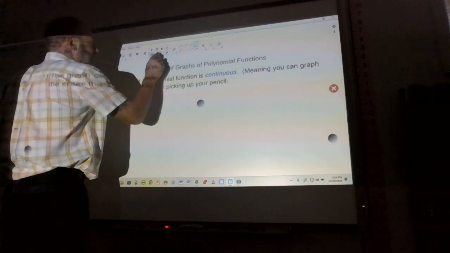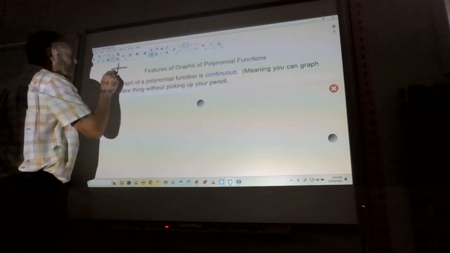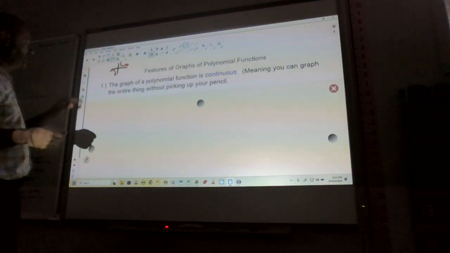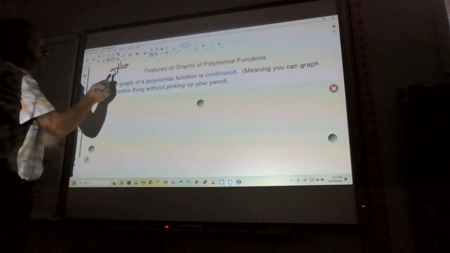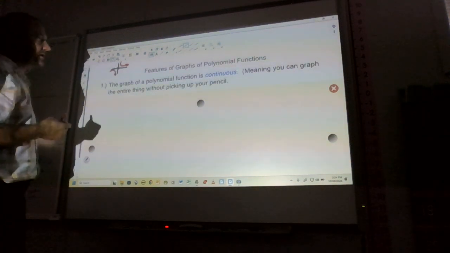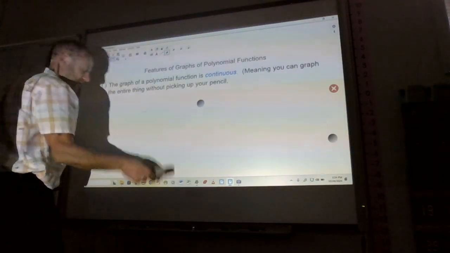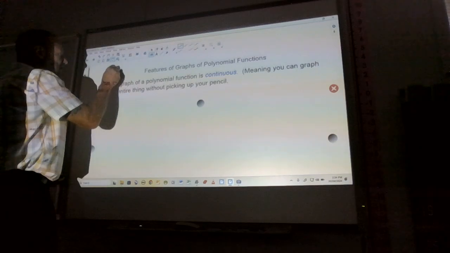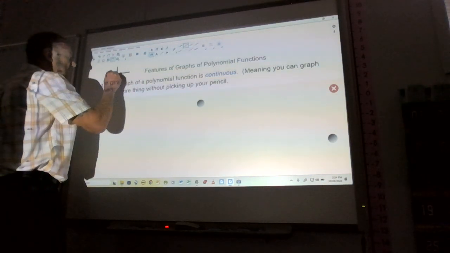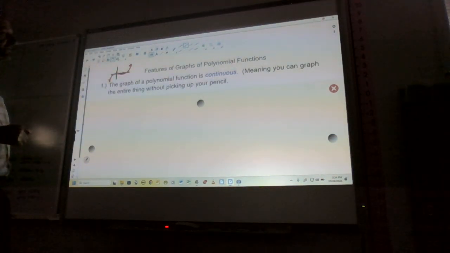If I had a function that looked like this, that would not be continuous because I had to pick up my pencil to get past this vertical asymptote right here. Polynomials, you can always draw the entire thing start to finish without picking up your pencil. So something like that is continuous.